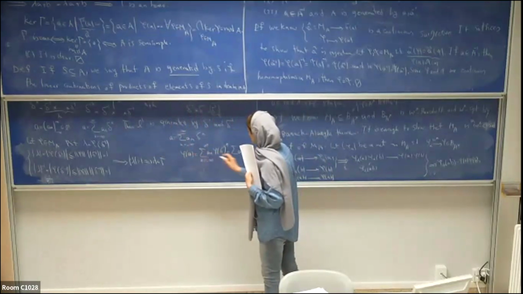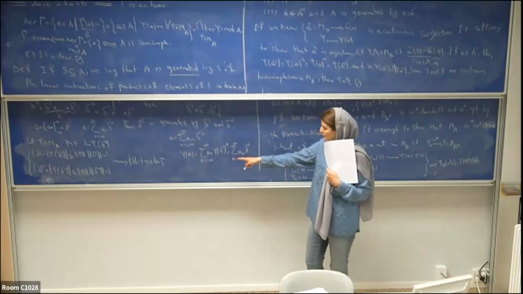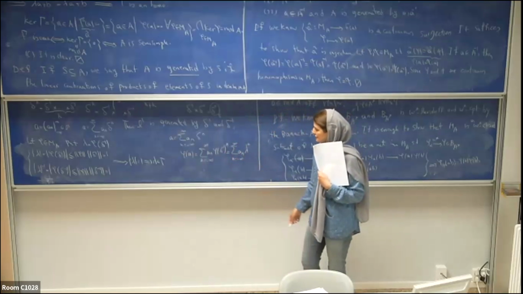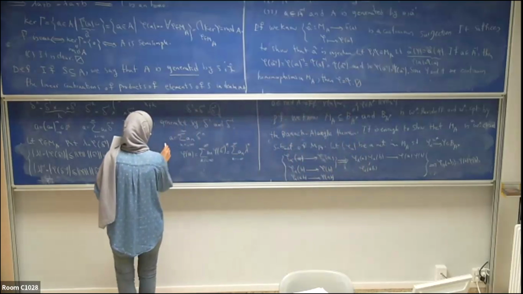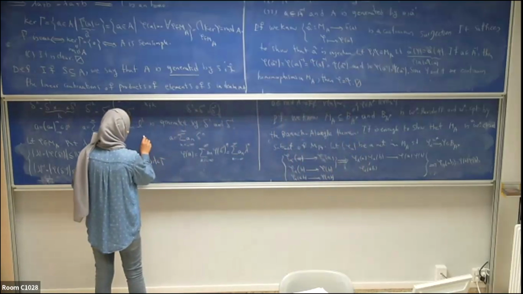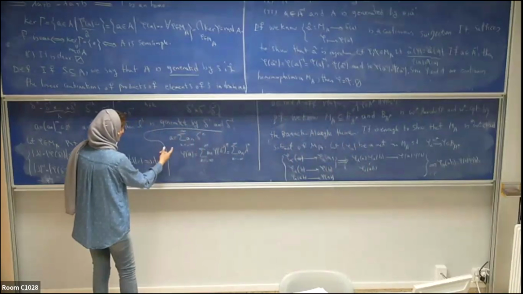This is lambda to the n. So phi of each element can be determined by this lambda. It's the second part.